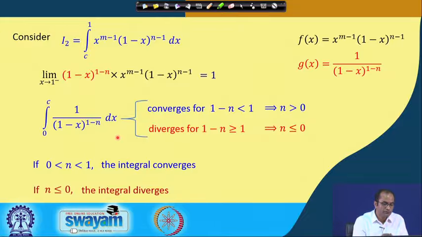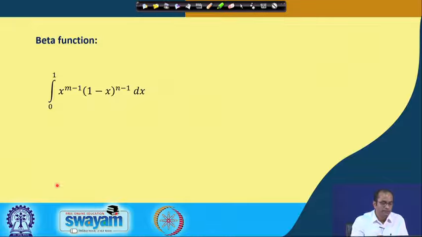We had similar results for the other one, but that condition was on m. So, combining these two, what we get is that our beta function, which was 0 to 1 x power m minus 1 and 1 minus x power n minus 1, and this was taken into two parts, and we have discussed each separately for convergence.